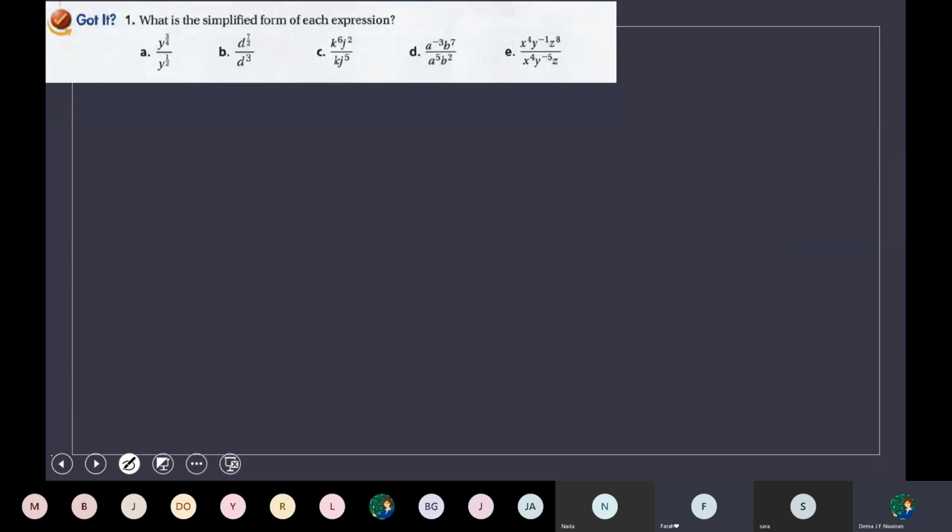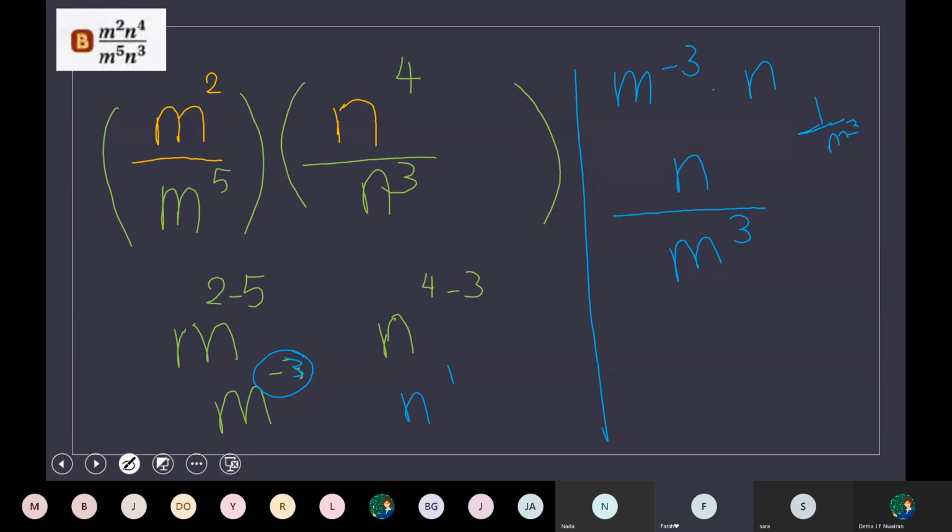Teacher, how do I know that this variable or this number must be up and the other one down? Because the final answer is n over m cubed.